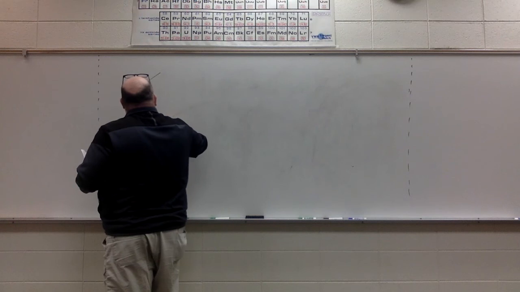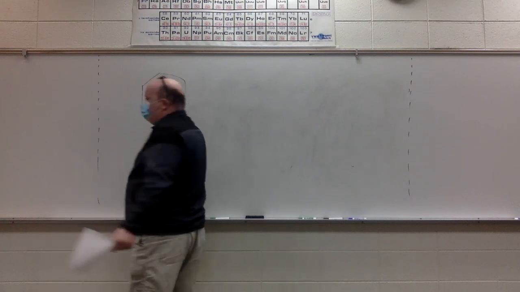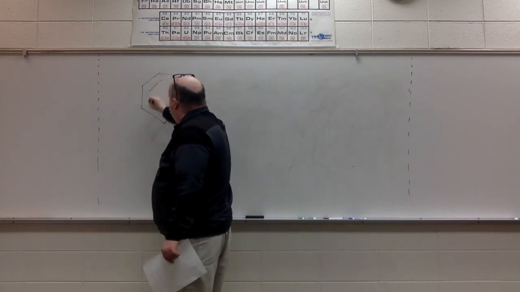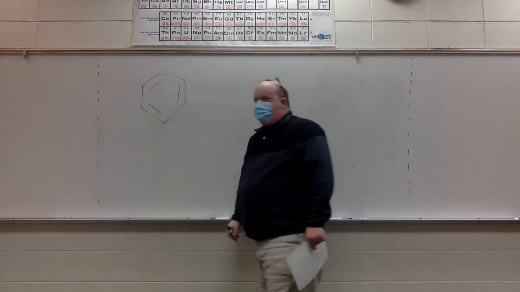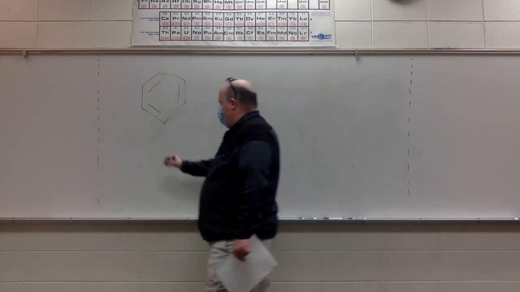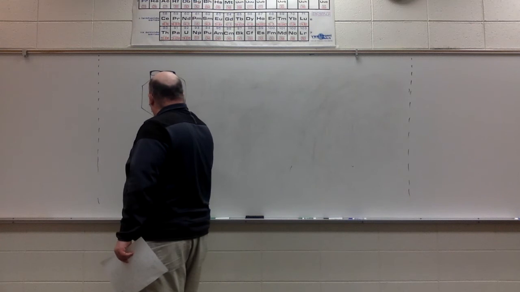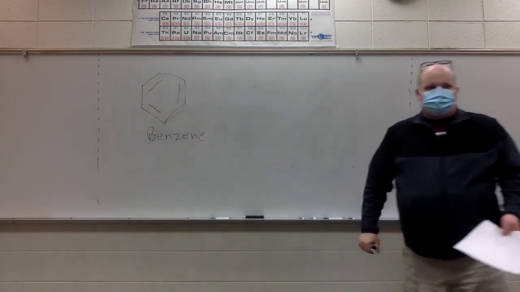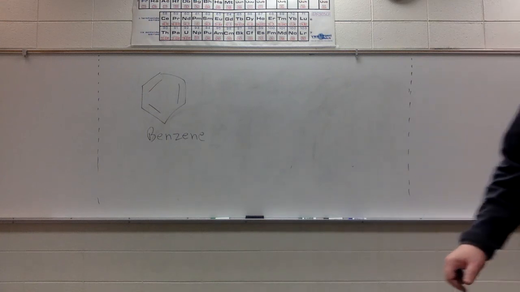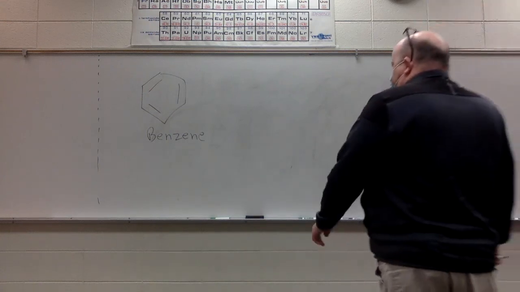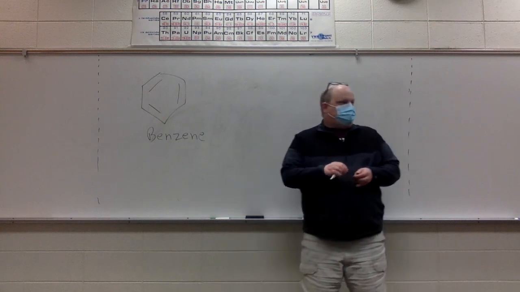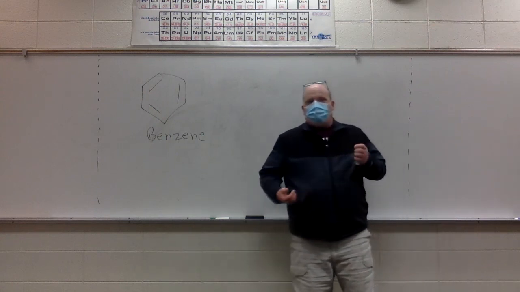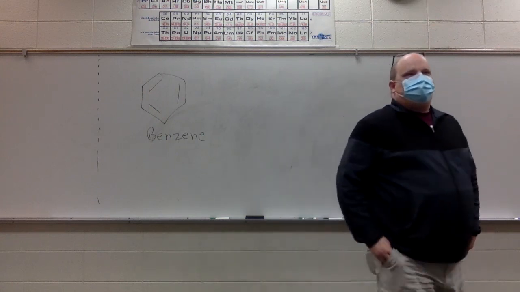All right. Well, let's start off with the most common, well-known aromatic compound. This is benzene. Now, if you look at benzene, you may or may not wonder why it's called benzene.